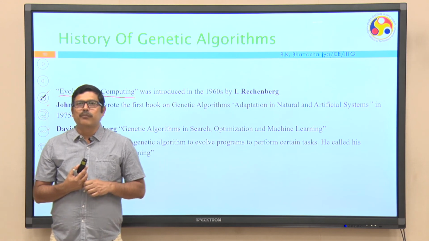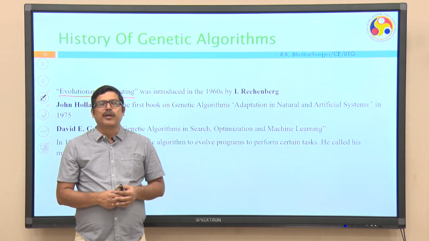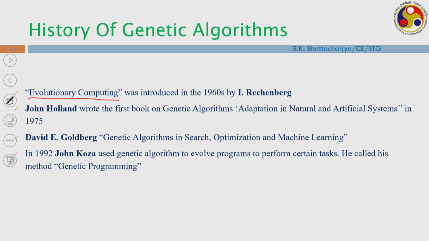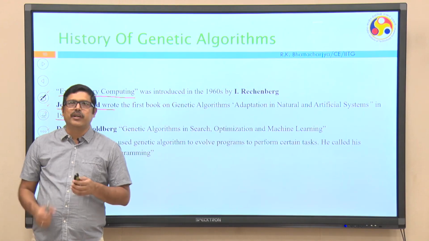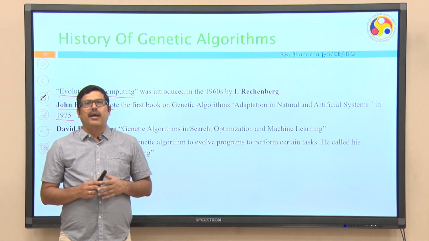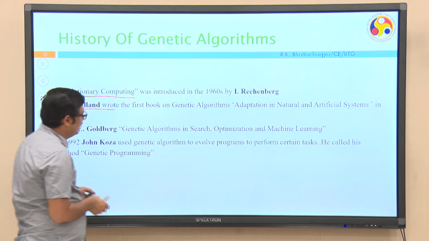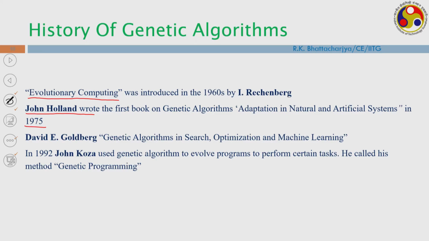So, now many people have accepted this algorithm, but in the 1960s people did not accept it as an optimization technique. In 1975, Professor John Holland, a professor at the University of Michigan, wrote the first book on genetic algorithm, Adaptation in Natural and Artificial Systems.